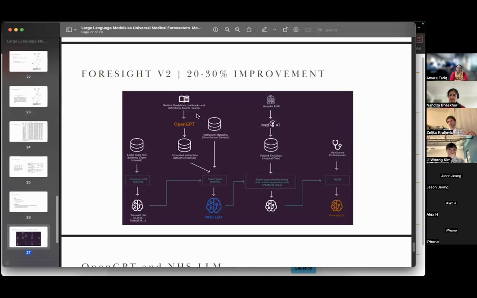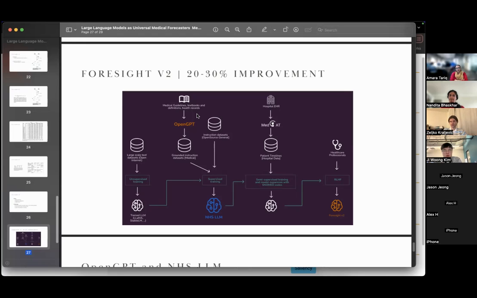So if I have a leaflet about diabetes, I would feed that leaflet into a model like GPT-4 and ask it to create a conversation between a patient and a doctor based on that leaflet. So I would have a conversation that is very medical and very much based in that guideline. It's not just a random conversation between a patient and a doctor generated by GPT-4.